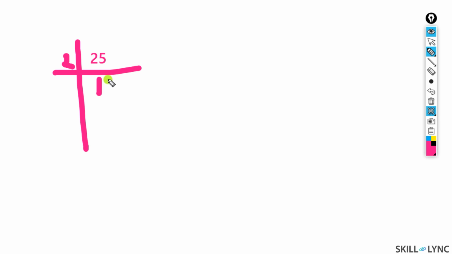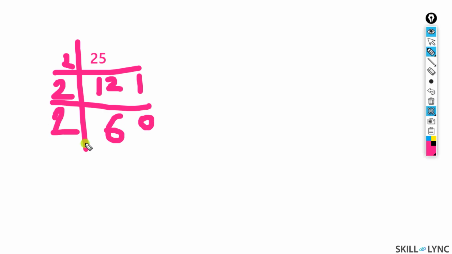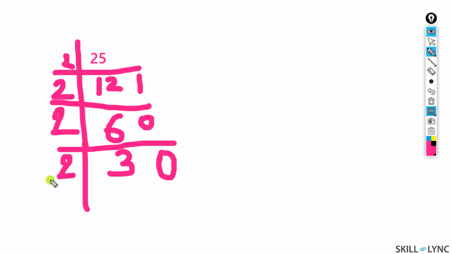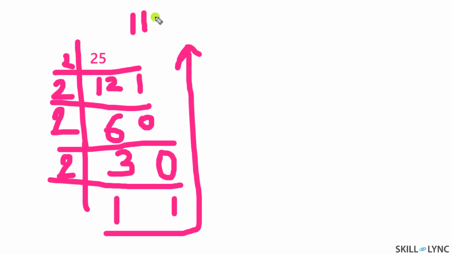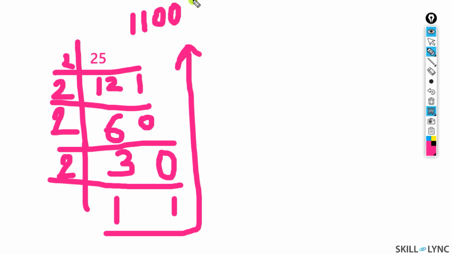It is 12, 2 twelves are 24, remainder 1, then 6, remainder 0, then 3, remainder 0, and so on. And I have told you to take the bottom to top approach. So the answer will be 1 1 0 0 1.